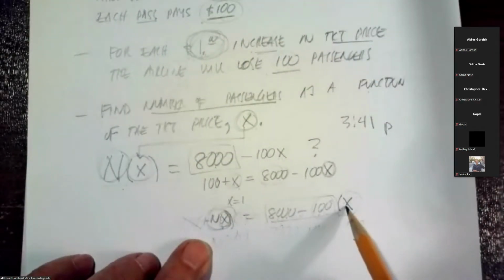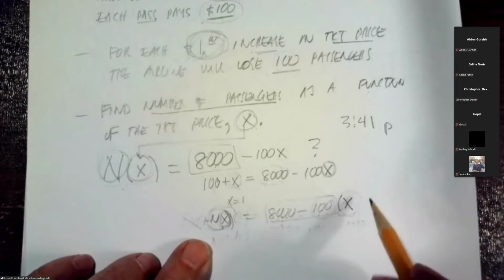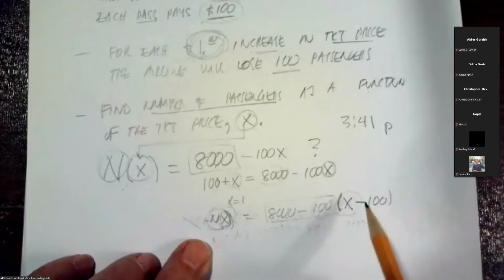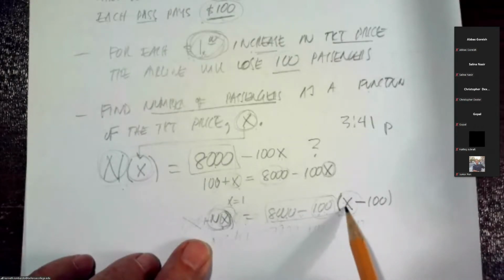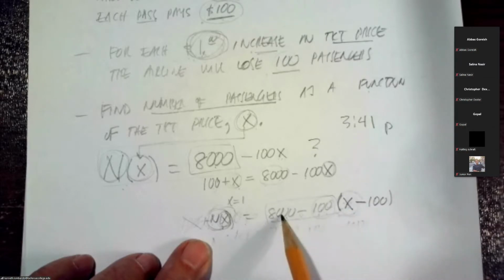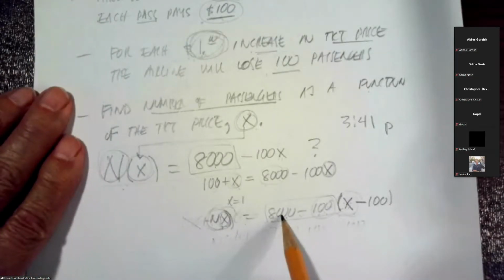So every time x is above 100, minus 100. Let's try that. So now if x is above 100 by, say, 101, 101 minus 100 is 1 times 100. And we subtract that from that. That looks like that would work, wouldn't it?